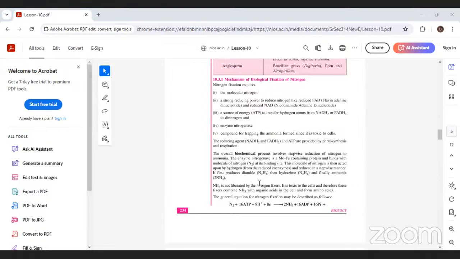This molecule of nitrogen is then acted upon by hydrogen from the reduction of coenzyme and reduced in a stepwise manner. The first product is diimide, N2H2. Then hydrazine, N2H4.